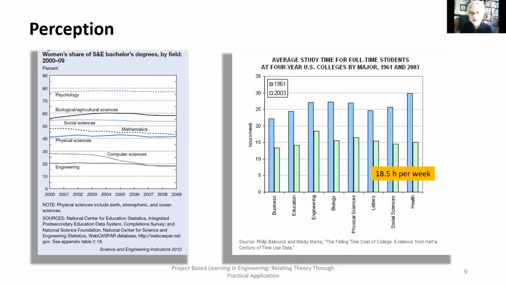I want to talk about one more problem that we face. That is perception of difficulty. This is a chart I got from a book that has listed a statistic about how many hours students spend studying per week. It has 2 time points, in 1961 and 2003.